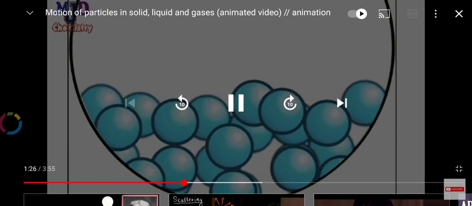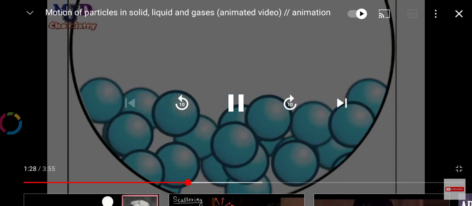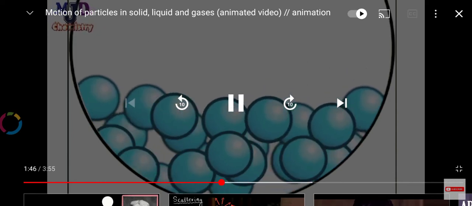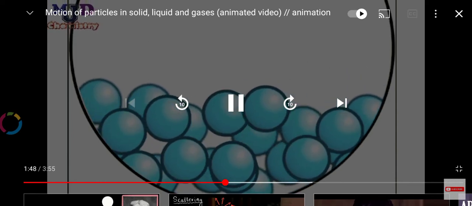They can move from one place to another place in any direction. That's why the liquid is mobile in nature. When we pour some water or some other liquid on our floor, then it moves from higher surface to lower surface due to the presence of slow intermolecular forces.